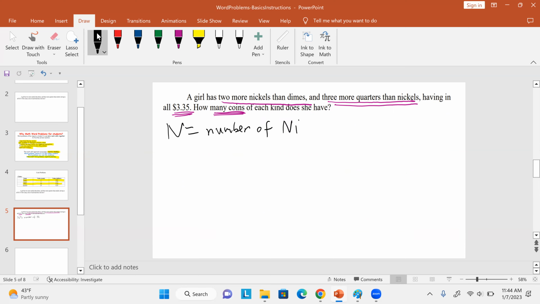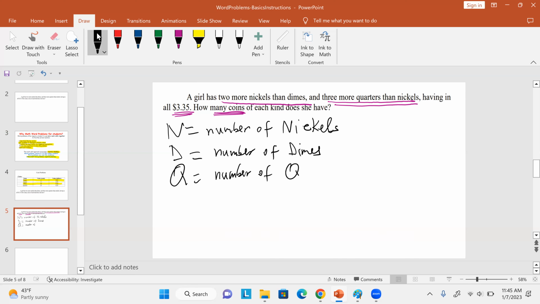So how many nickels do we have? n represents that. For dimes, d is going to be the number of dimes. And q is the number of quarters.